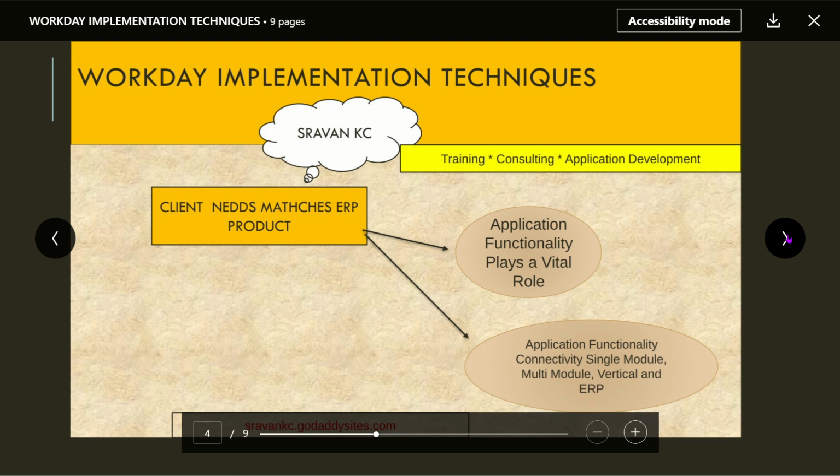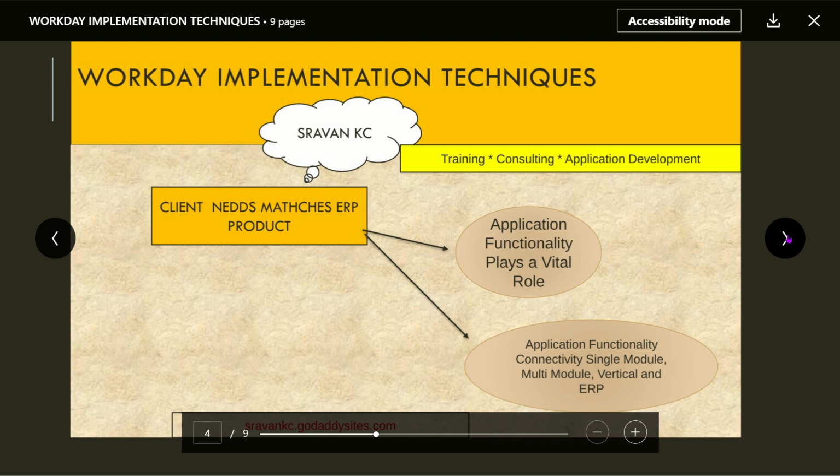If we look into ERP implementations dynamically, the application consists of functionality at a single level, and the functionality may match with multiple applications, or its significance may display in multiple verticals too.